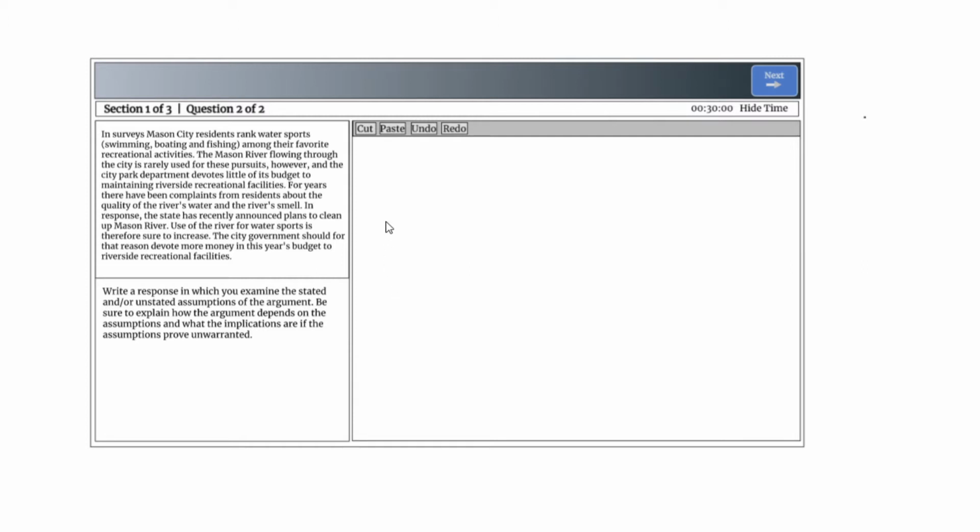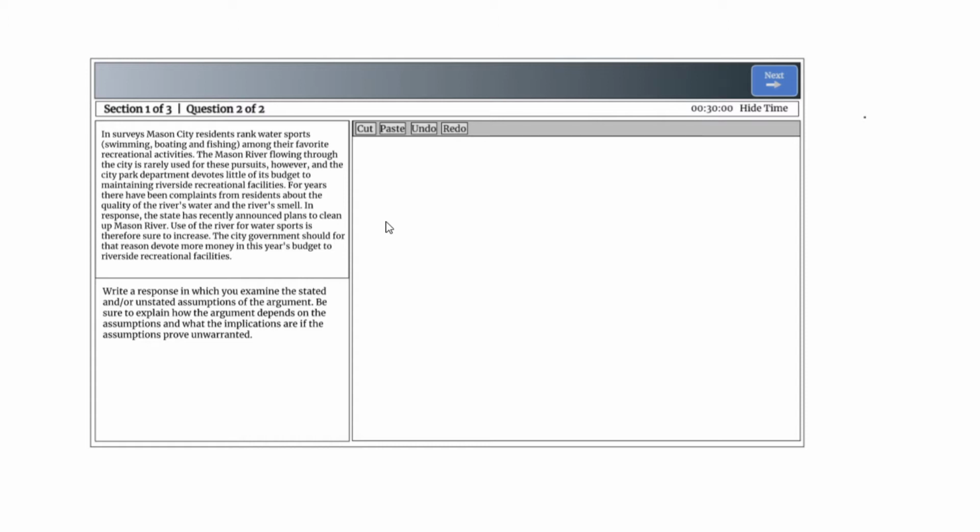So the prompt itself is always about a paragraph long, and you'll notice it's much longer than the issue task. The issue task is just a one line, here's an opinion, do you agree or disagree? Whereas in the argument task, you're being presented with someone else's argument, right? And so this whole paragraph, which is usually a letter to the editor or a memo or some sort of recommendation, is always the formulation of someone's argument with some pieces of evidence and the conclusion that they've arrived at.